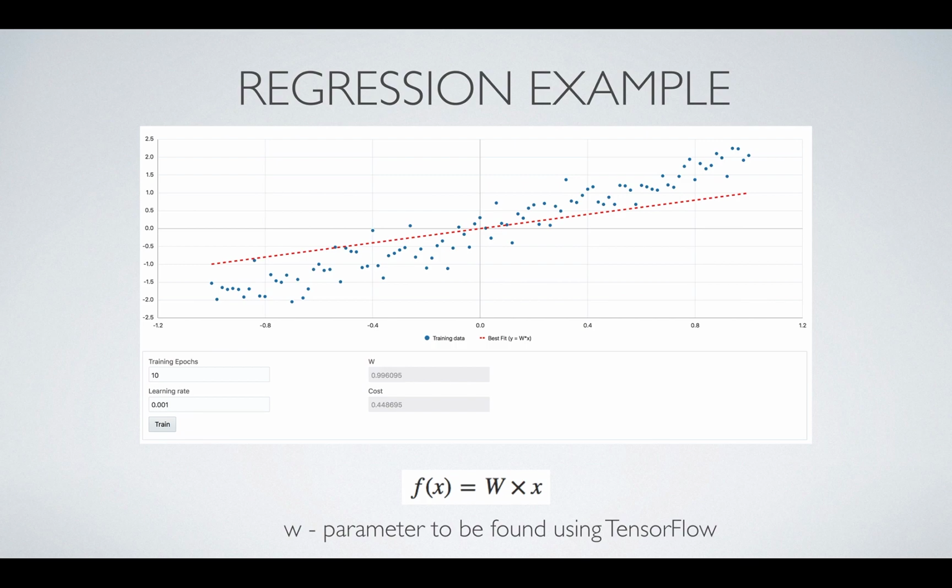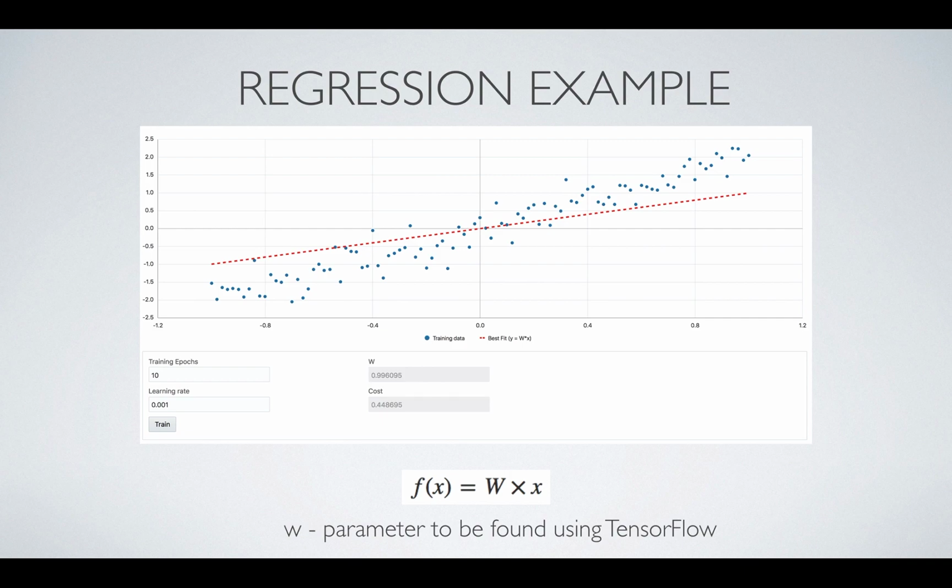So the regression example can be explained by linear regression when you have an equation like y equals w multiplied by x. So the task of regression is to find w. Based on the current points, it would try to find the line that represents the points in the best way.